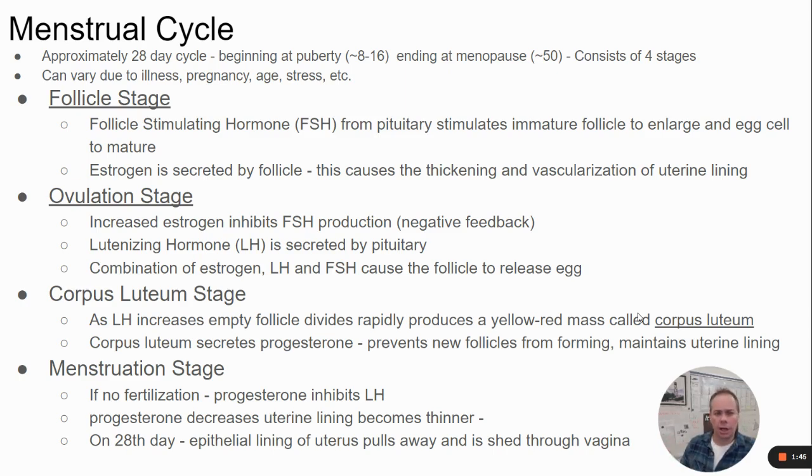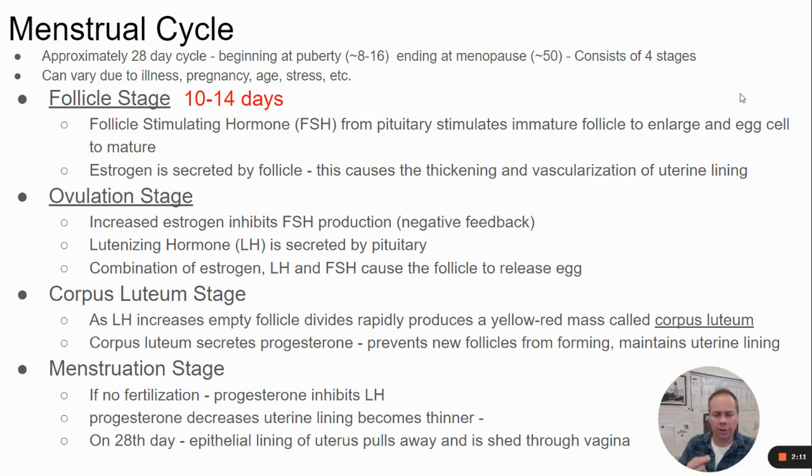If we start at the beginning of the cycle, we can start with the follicle stage, which lasts for about 10 to 14 days. The follicle stage is controlled by a special hormone called follicle stimulating hormone, abbreviated FSH. It's produced in a gland at the base of the brain called the pituitary gland.